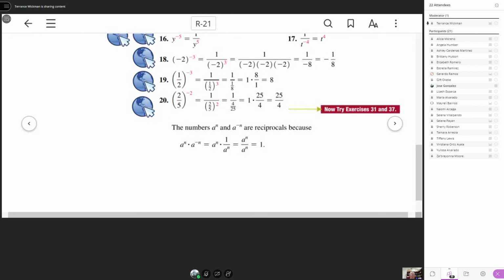Well, look, 20 is easier. 2 to the negative 2 power flips down below. And let me just do them for you. 1/2 and 2/5. Just remember that. Both 1/2 is to the negative 3. I'll just write that down. I don't like the way the book shows it. Pretty confusing. I'll show you the way it should look.